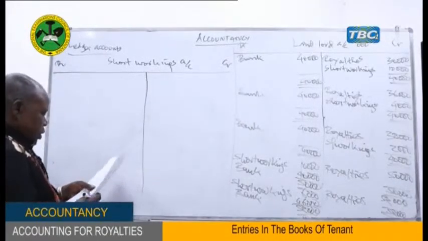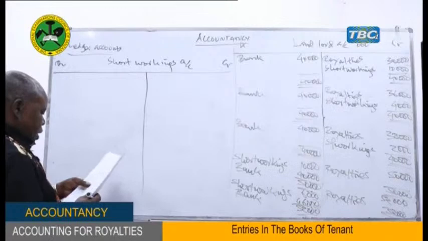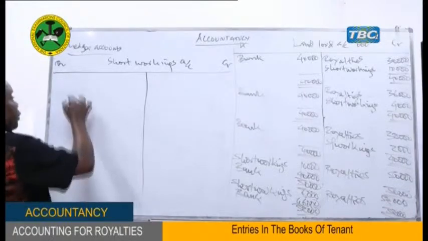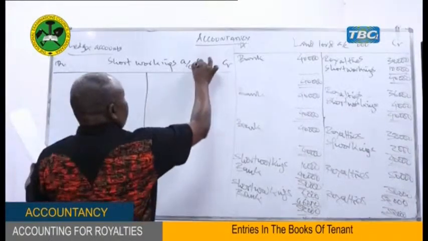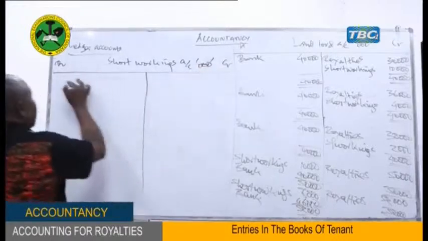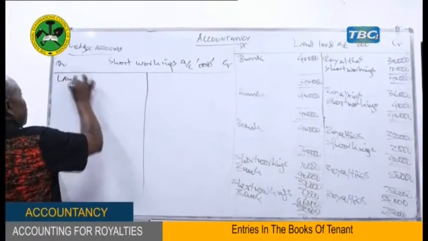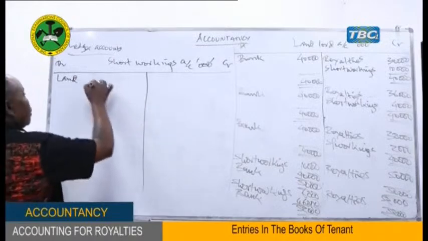So for the first year was 10 in terms of thousand. So landlord, we just completed the double entry from landlord account.